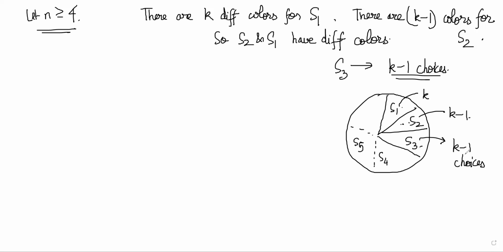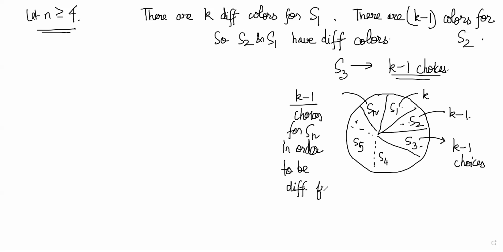So basically, you can keep doing that, and then you will realize that even when you reach Sn, right? When you reach Sn, what happens? You have colored something here. So if, for example, we say that we take k minus 1 choices for Sn in order to be different from Sn minus 1, right?